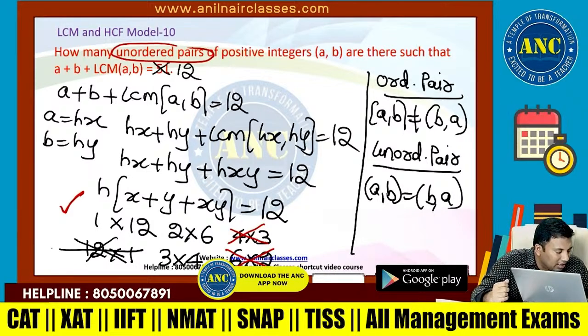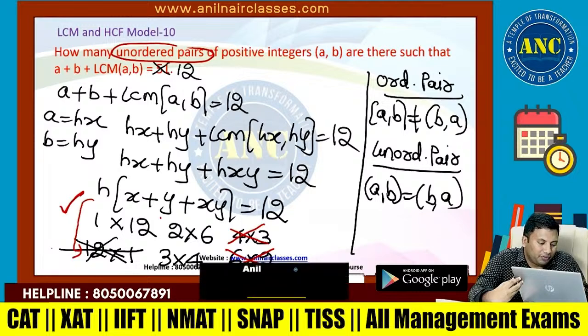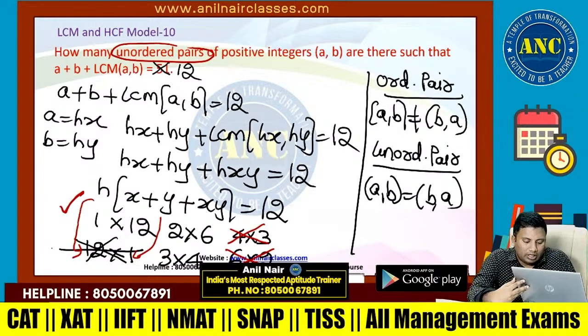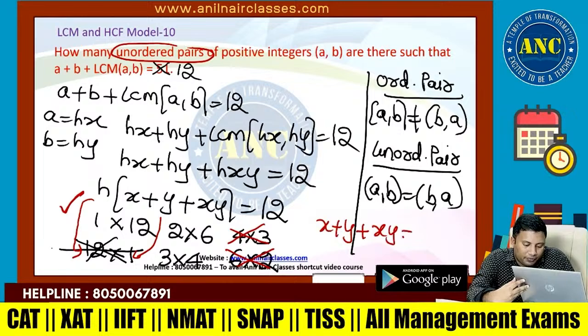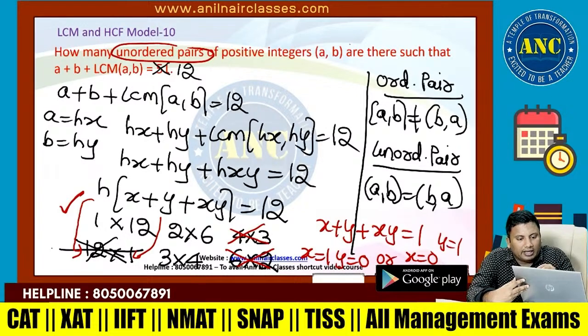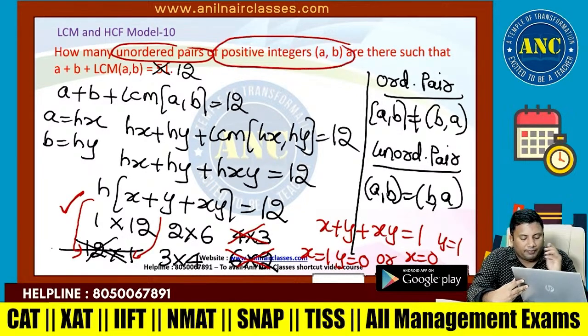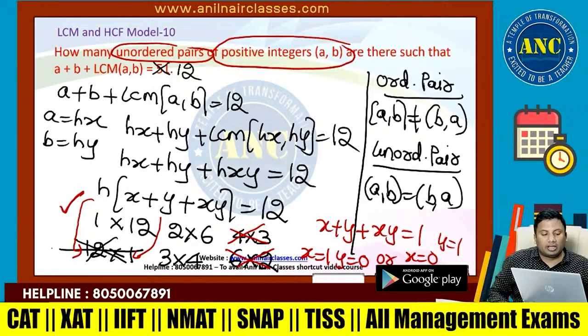Why? Because Banu, if H is 12, if this is 1, x plus y plus xy is 1, that means x is 1, y is 0, or x is 0, y is 1. It is a positive integer, x and y cannot take 0.